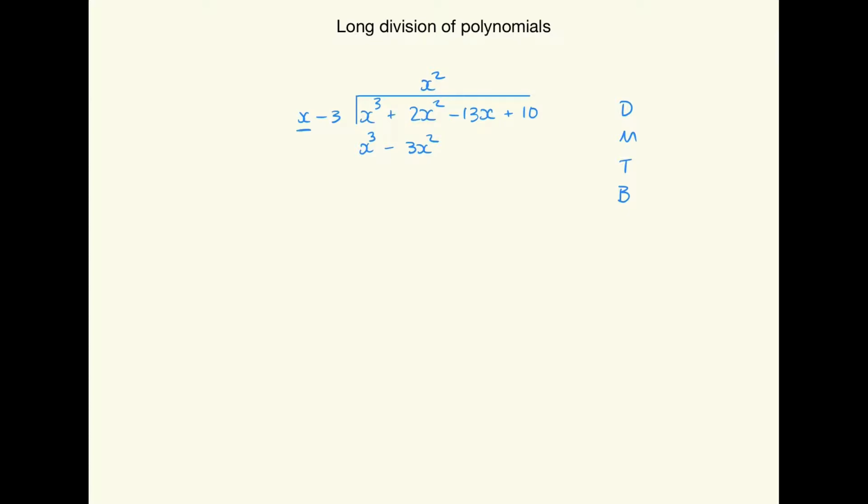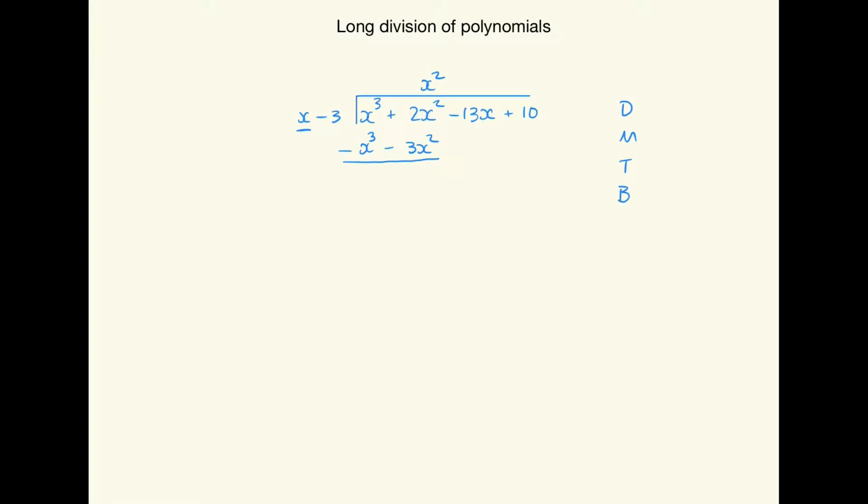I've now multiplied. I'm going to subtract. So x cubed plus 2x squared minus x cubed minus 3x squared. So the x cubes will cancel each other out because x cubed take x cubed is just 0. Now we're going to have a look here with a lot of focus. 2x squared take away negative 3x squared.